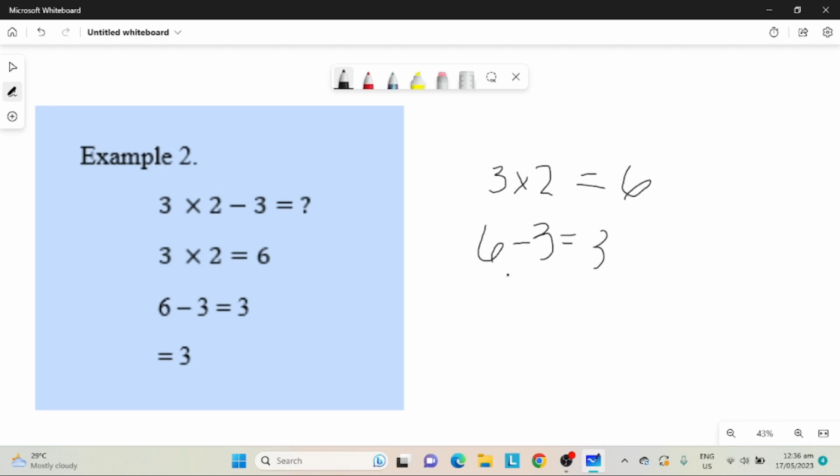Then after that, bring down and copy the rest of the given. If there isn't any multiplication or division in the equation, you copy the rest of the given, which is 6 minus 3 is equal to 3.